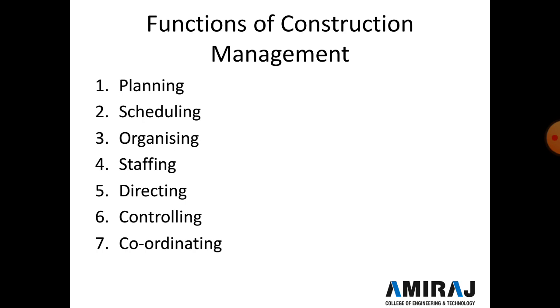These are the most important topics in the construction management subject. This question is asked in the G2 examination for 7 marks: what are the different functions of construction management, and explain any 3 or 4 in detail. So these are the important topics.